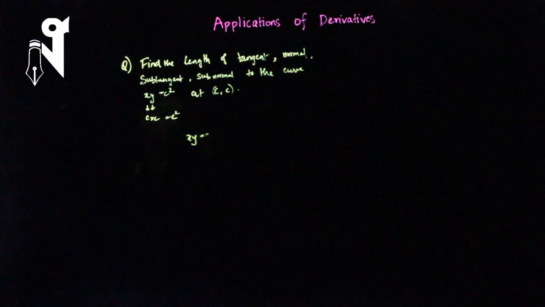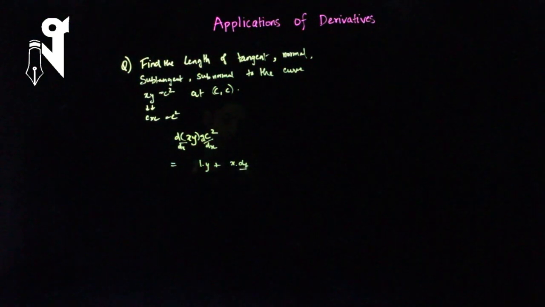I have xy is equal to c square. Let's differentiate this with respect to x to get the slope. This is equal to d of c square. Now by product rule this is just 1 into y plus x into dy by dx is equal to 0.